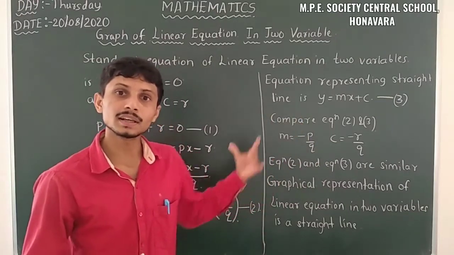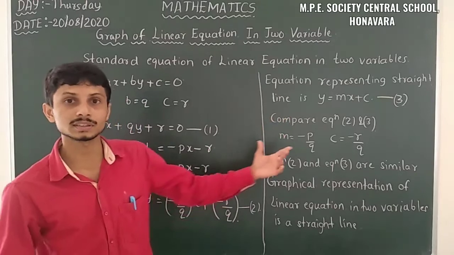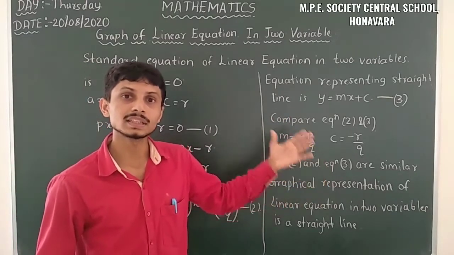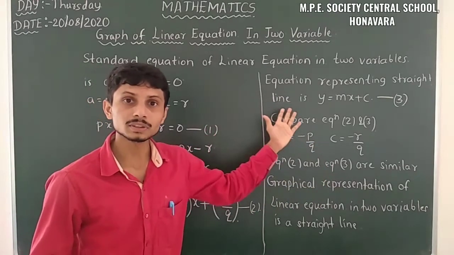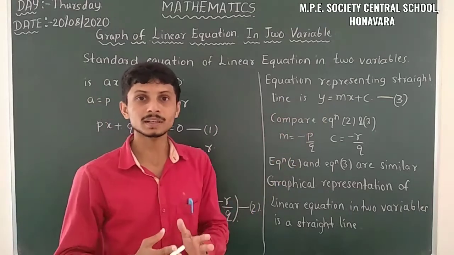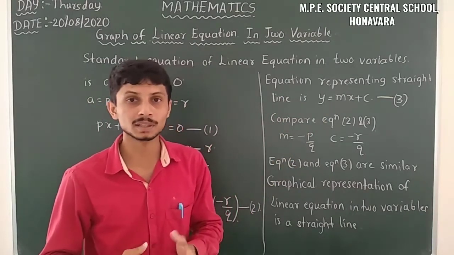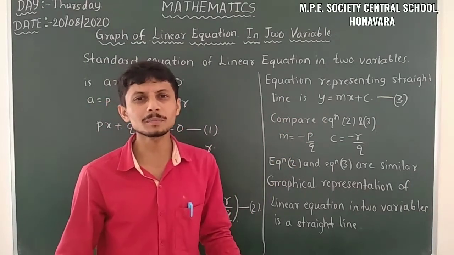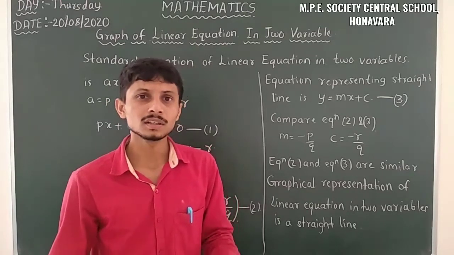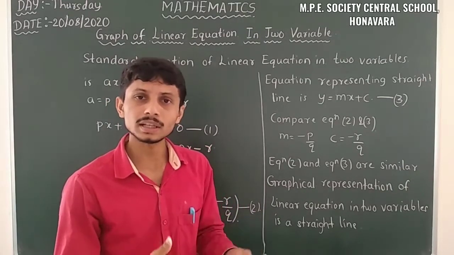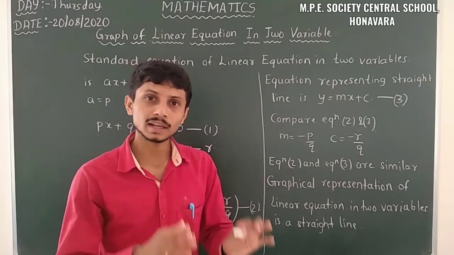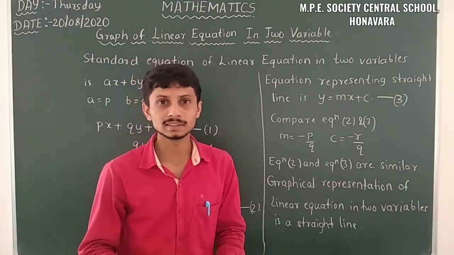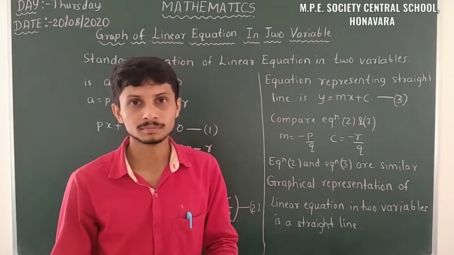So both the equations are one and the same. It means the linear equation in two variables has a graphical representation of a straight line. Whatever the linear equation in two variables may be, its graphical representation is a straight line only.